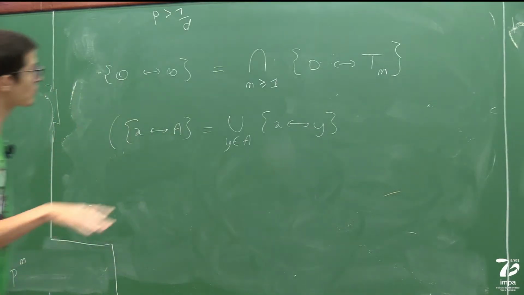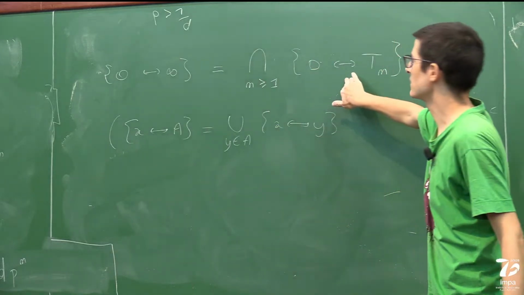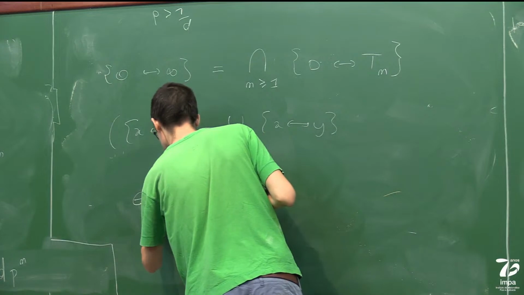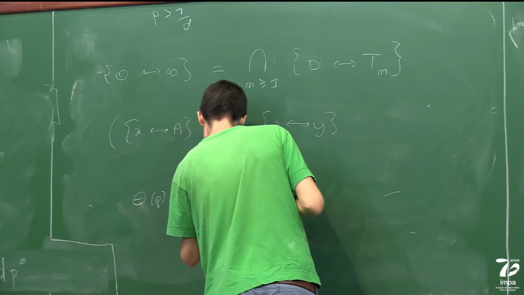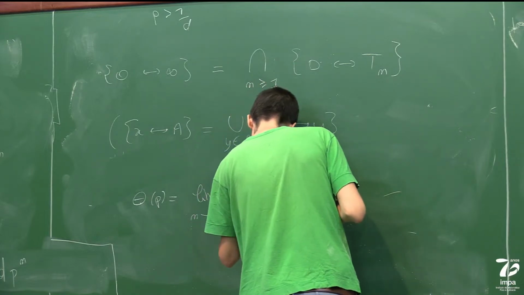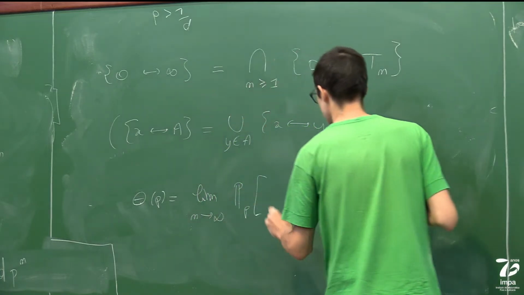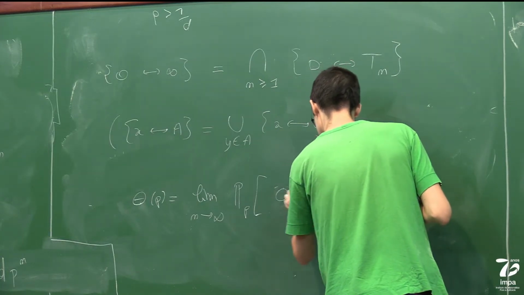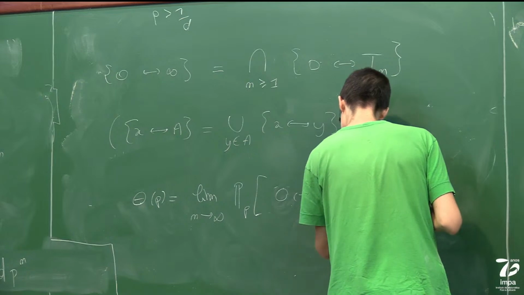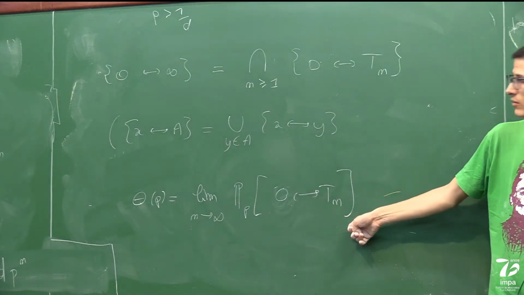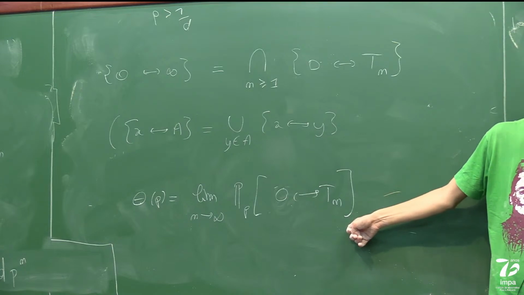Okay. The good thing here is that this sequence of events is decreasing. So what we have is that theta p is equal to the limit when n goes to infinity of the probability that 0 is connected to Tn. So if we get a lower bound on this, we are fine.